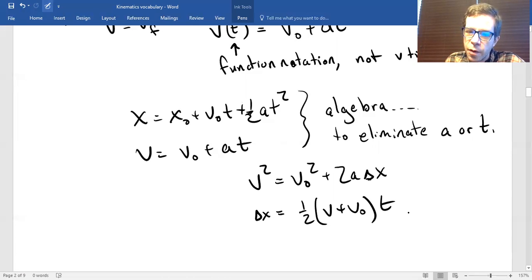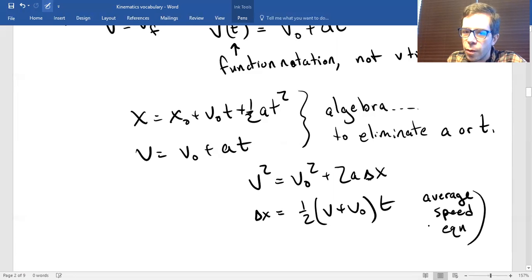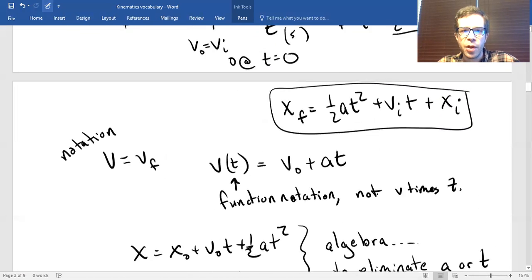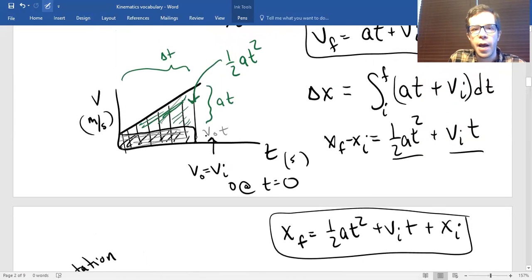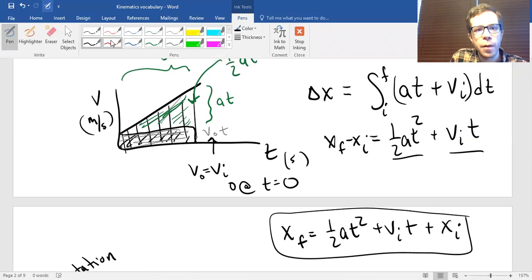This one I kind of consider the average speed equation, is how I generally refer to this, because you can tell that that's what you're doing, right? 1/2 v plus v naught is the average speed, and then times time gives you the displacement. So if we were to look at our graph again, let's do this in red.